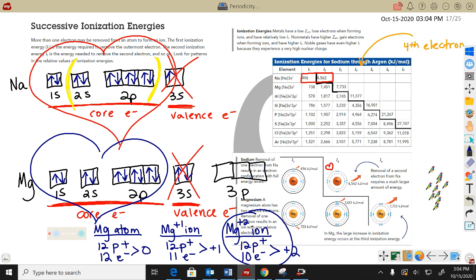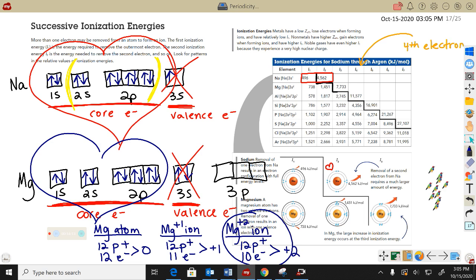Well, think about the magnitude of the charges, especially the nucleus versus the electron cloud. I mean, 12 protons and 12 electrons, they're attracted to each other, but the 12 positive charges from the nucleus are evenly distributed in a 1-to-1 ratio amongst the 12 negative electrons.